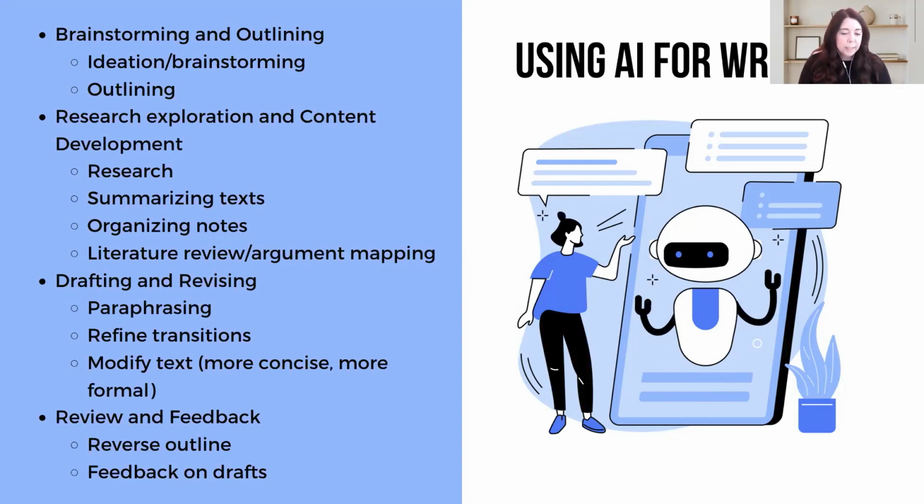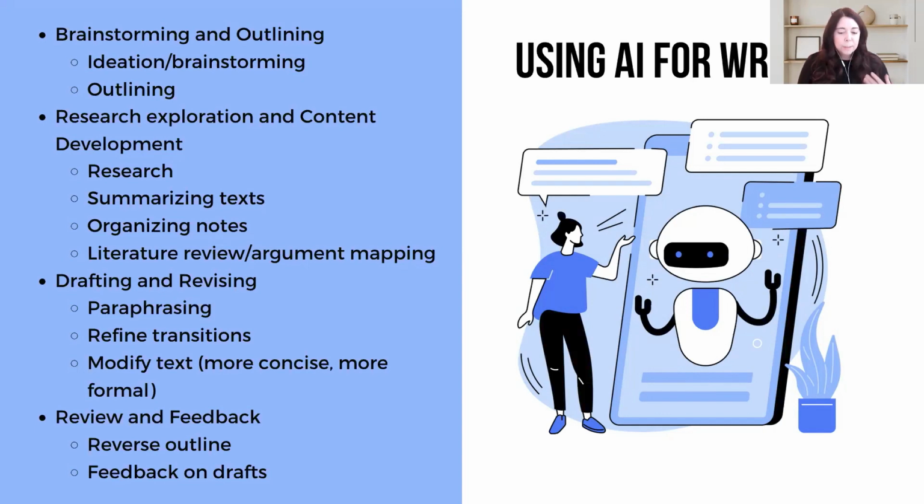And then the last stage is using AI for feedback prior to submission. A few other options that I suggest are, first of all, students can use a reverse outline, and this can help them ensure that their draft or their paper version aligns with their initial outline if that's important to them.